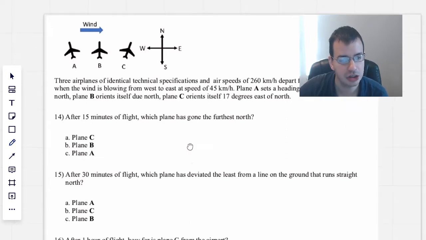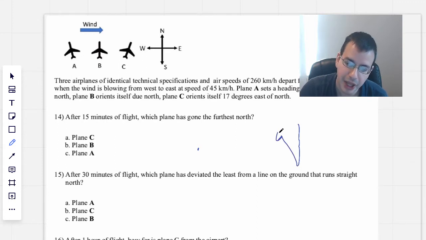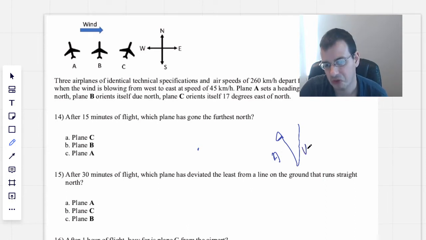So if we just look at the planes, we'll do A, which is like this. So this is A. This will be velocity A north.